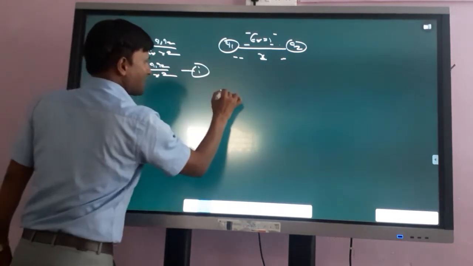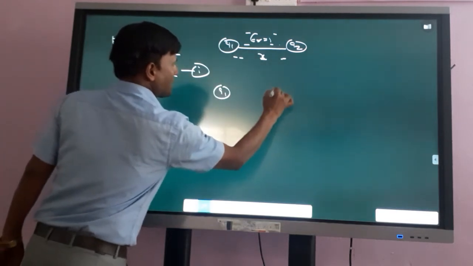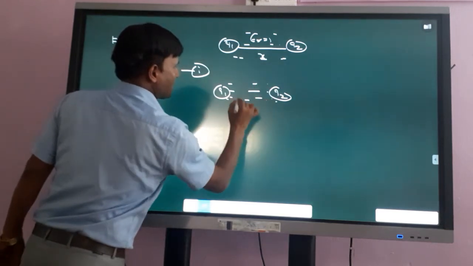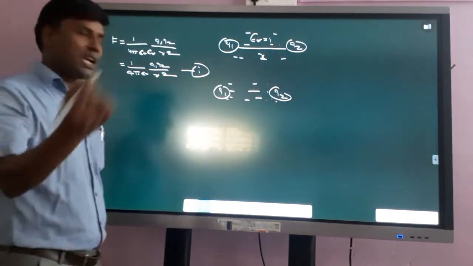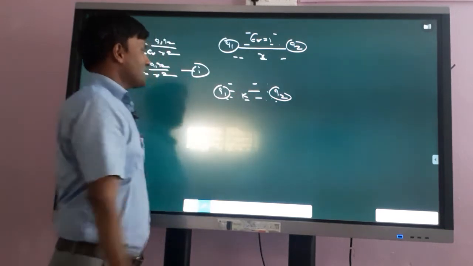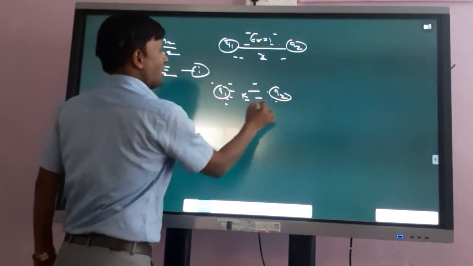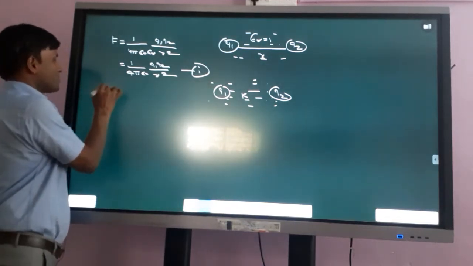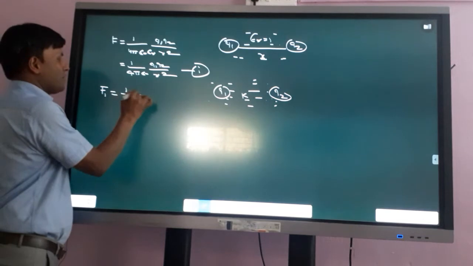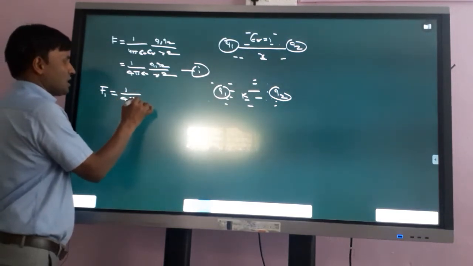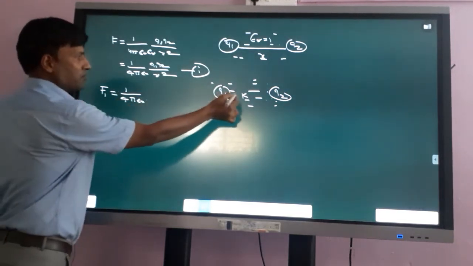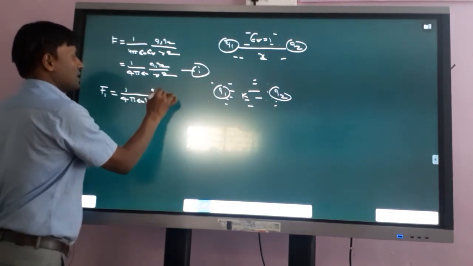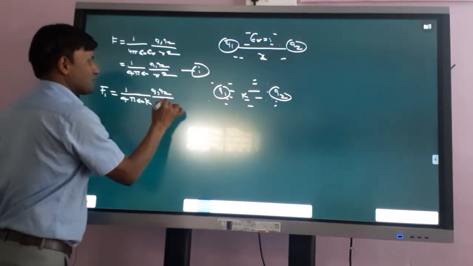Now the charged particles are placed in uniform dielectric material of constant K. Now we have to find the force between Q1 and Q2. That force will be F1 equals 1 by 4 pi epsilon naught epsilon r, we can put the value of K, Q1 Q2 by r square.